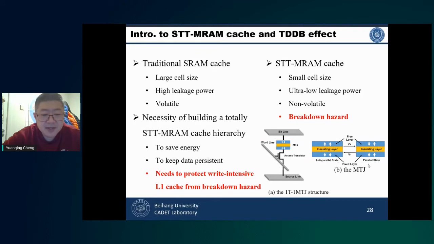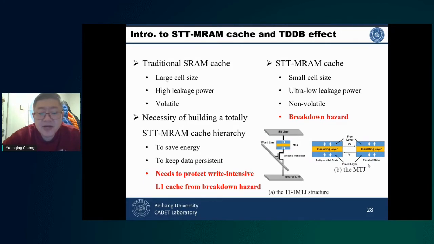the energy. But pay attention that the STT-MRAM as the on-chip cache suffers from very intensive data accesses. And these very intensive data accesses may cause the dielectric breakdown problem that can also happen in conventional CMOS circuits.